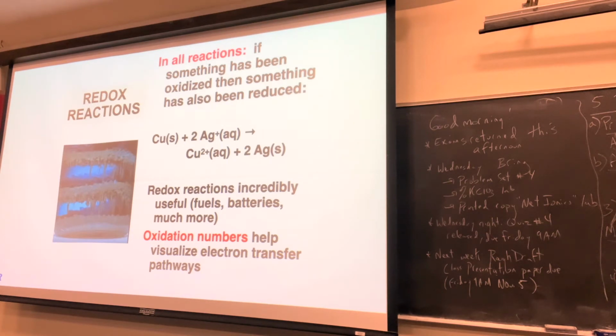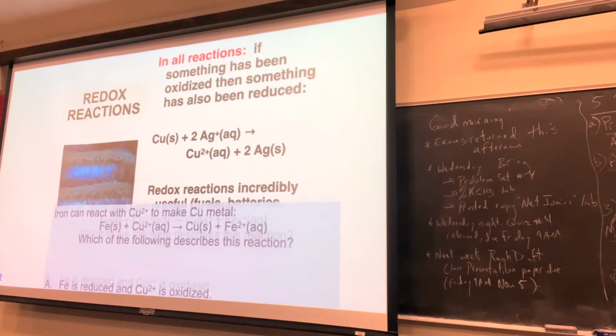The electrons have to be used up right away, and it's the reduced part which is going to take those electrons in. So the oxidized becomes a little bit more positive, the reduced becomes more negative. You're always going to have both in a redox, and that's why they call it redox. It's reduction and oxidation. Something's reduced, that means something's oxidized, and vice versa. Questions on any of that?